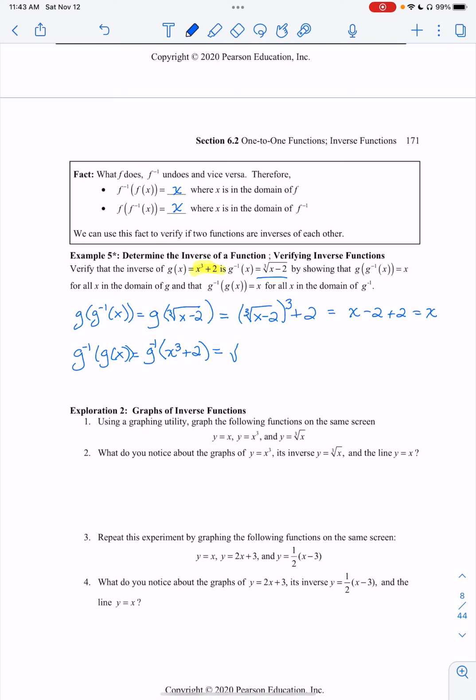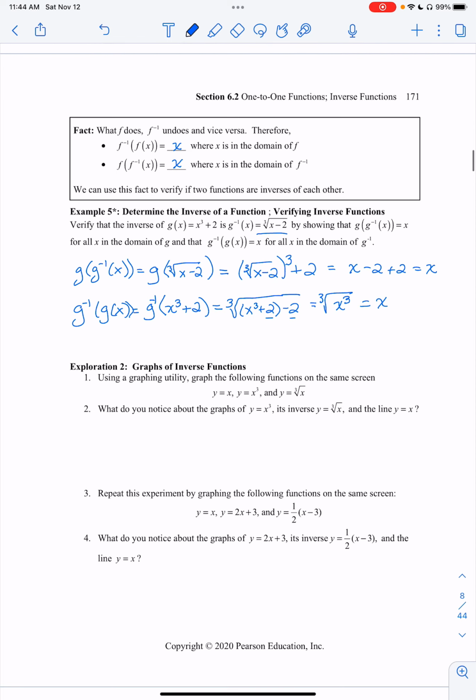And so what I have is the cube root of x cubed plus 2 minus 2, is equal to the cube root of, and if you have the plus 2 and the minus 2, they cancel each other. So I have the cube root of x cubed, which is just going to be equal to x. So we have shown that the inverse of g of x is inverse g of x, as those are written.